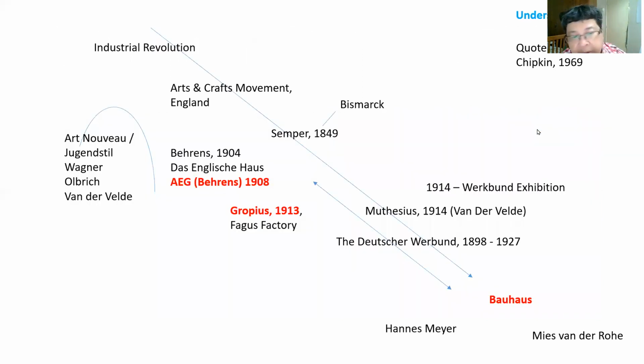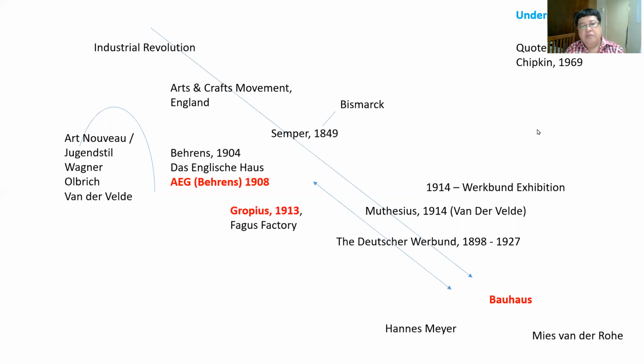Where is Peter Behrens with regard to what has happened? I was mentioning the Industrial Revolution, the Arts and Crafts movement that happened, and how in Germany they were looking at England's Industrial Revolution and the architectural development of that country.